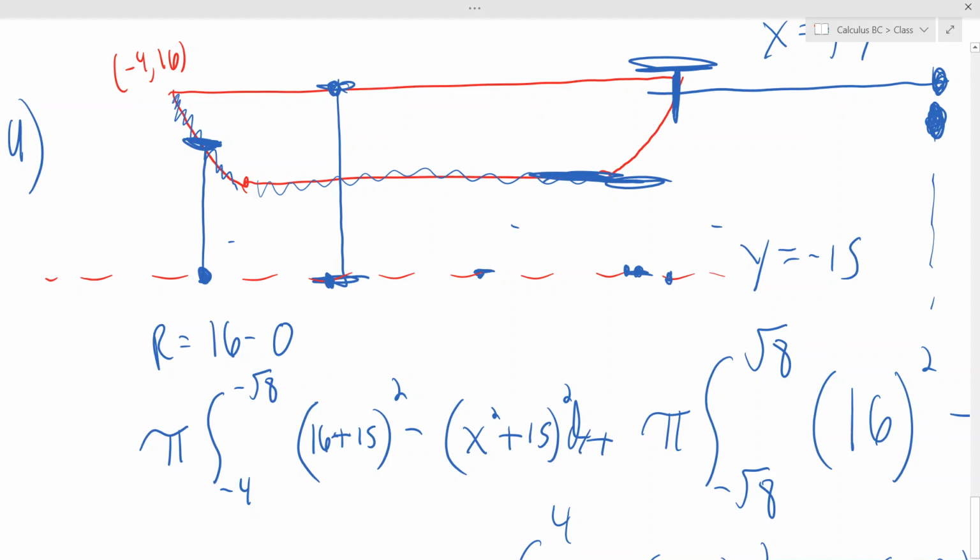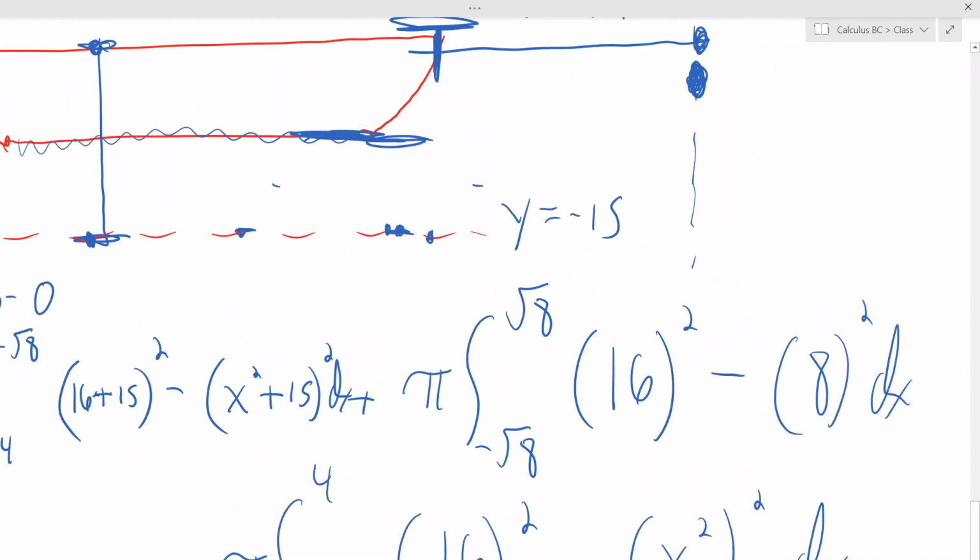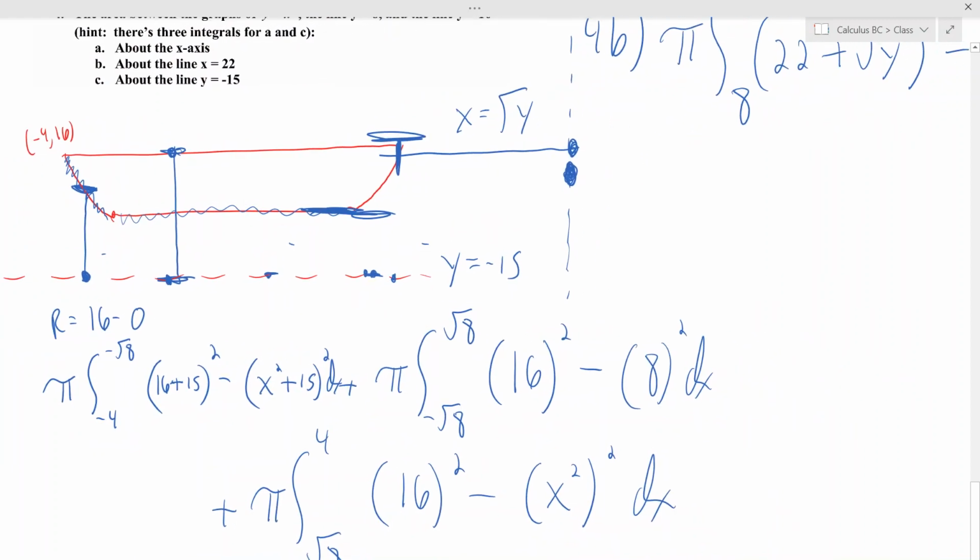And remember, our formula is always pi big R squared minus little r squared. The middle part, big R was 16, but now it's 16 minus -15, which you could simplify if you wanted to. Minus -15 squared. And little r is going to be from -15 to 8, which is that distance right there.